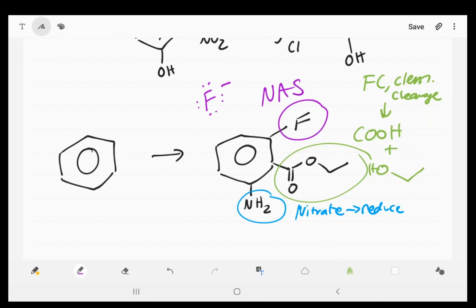We're going to have to use F minus in a leaving group. That'll be how we put this on. So we'll use that nucleophilically. Remember, halides are pretty good nucleophiles, right? So we can use F minus as a nucleophile here to replace a leaving group.